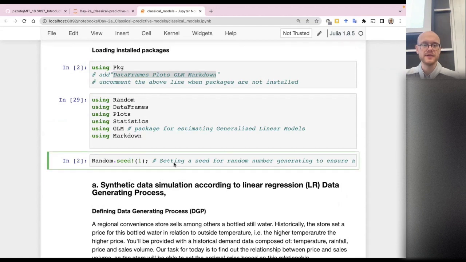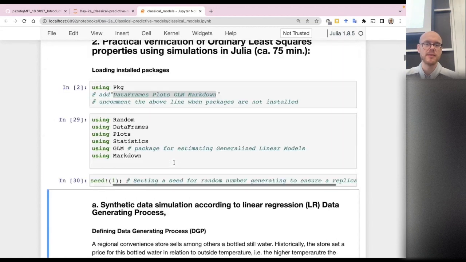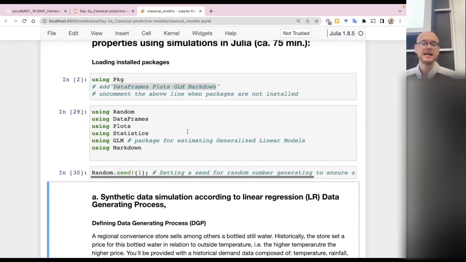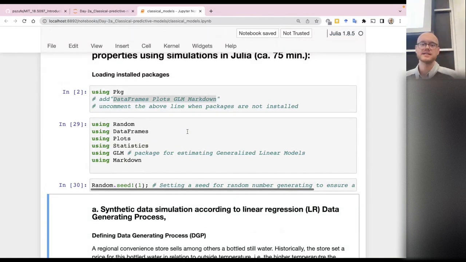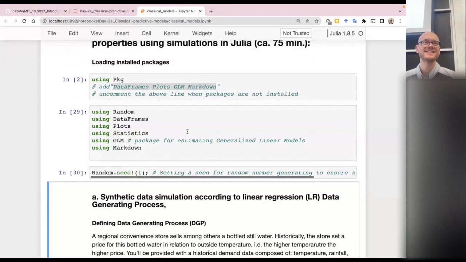Then the third cell is about setting up the seed. Since we are going to simulate pseudo-random numbers, we might want to guarantee the replication of those results, so all of us have the same results.